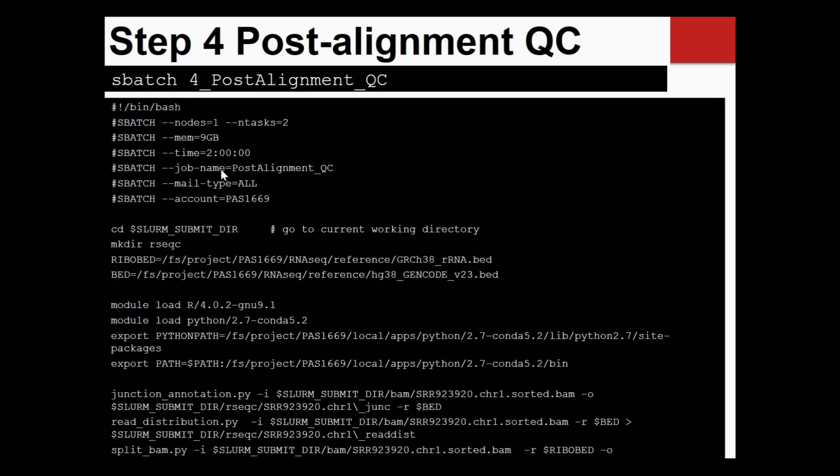So the next step, step 4, is the post-alignment quality control. In this job script file, we make an RSeQC folder and tell it the ribosomal bed file location and the bam file location.